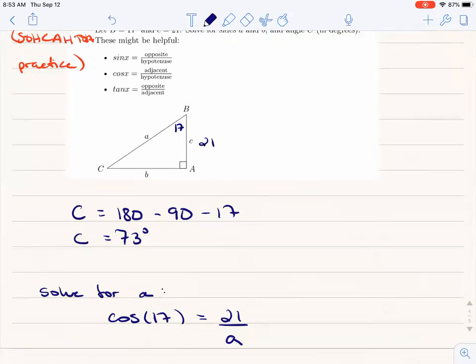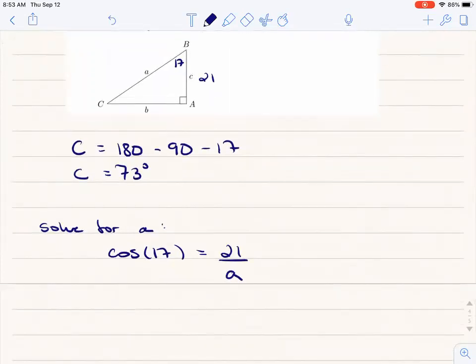I'm deciding that this is the adjacent because I'm looking from the B angle. You're just going off cos x is adjacent over hypotenuse, so you're going on the angle between the adjacent and the hypotenuse. Good.